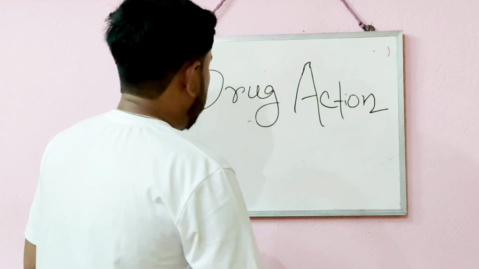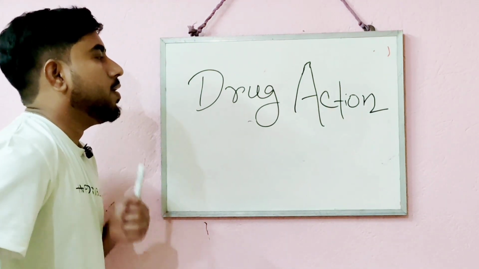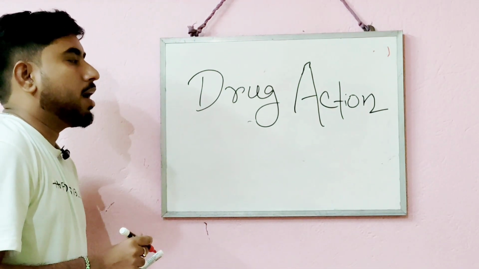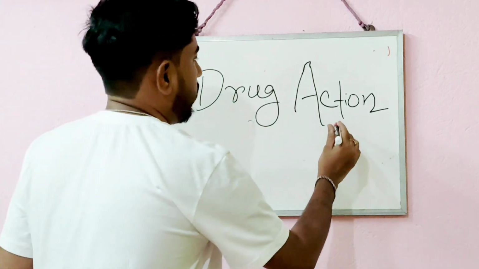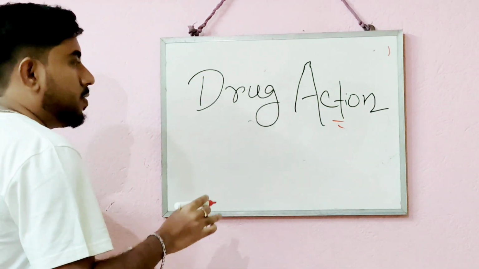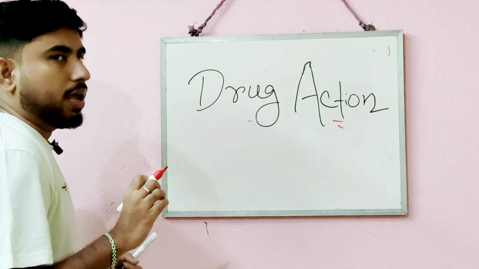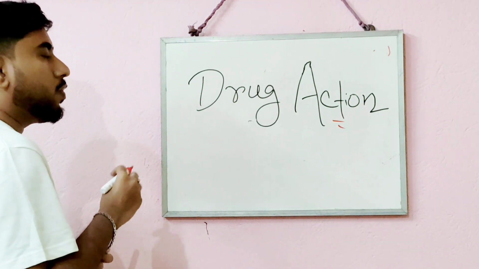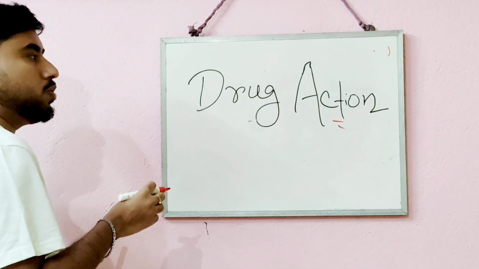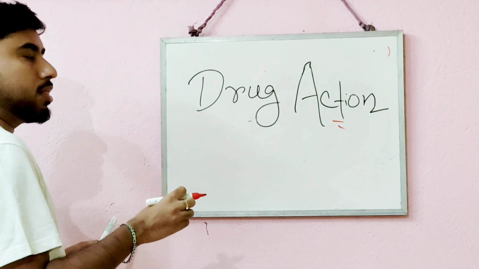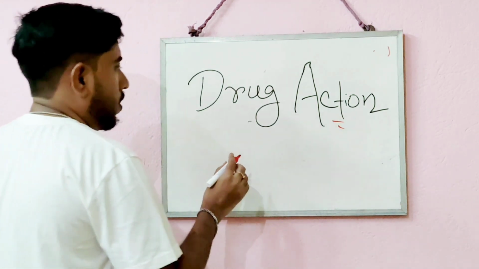So before drug action or drug mechanism, we have to study what drug action is. We take a drug for a reason. So how is that drug doing those actions, and what are the actions that we are going to study here?